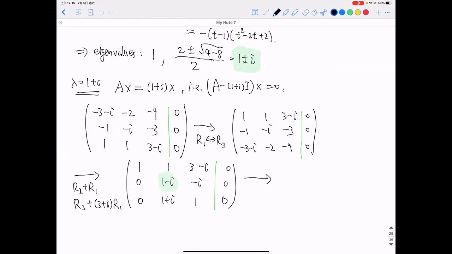There's a usual trick in dealing with complex numbers: you can multiply by its complex conjugate to get a real number. So if I want to turn 1 minus i into a real number, I multiply by 1 plus i. That's what I'm doing.